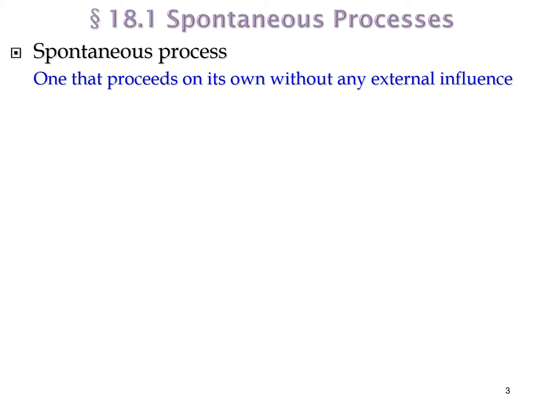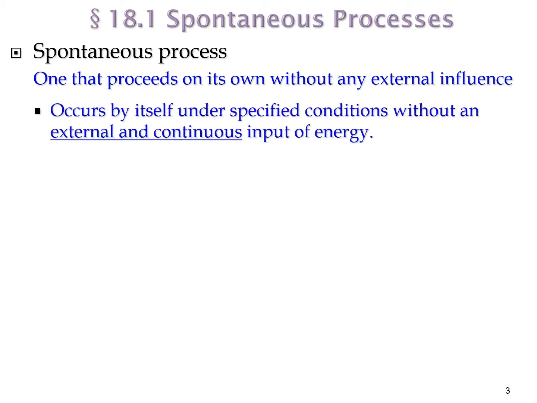A waterfall occurs automatically on its own, so a waterfall is what we call a spontaneous process. It occurs by itself, without external and continuous input of energy. Waterfalls exist no matter what we want to do about it. Sometimes we don't have to do a thing, right? It happens on its own.